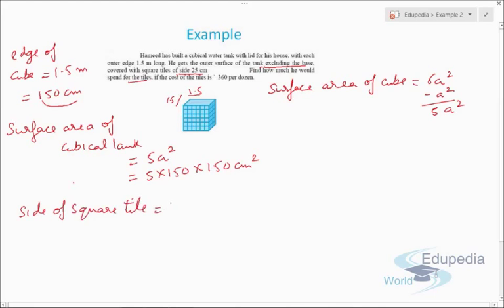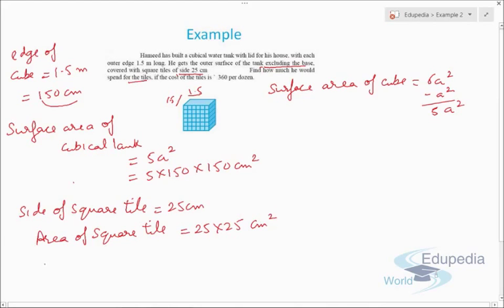Now next, the side of the square tile is given as 25 centimeter, right? So we can say that the area of the square tile will be 25 times 25 centimeter square, right?